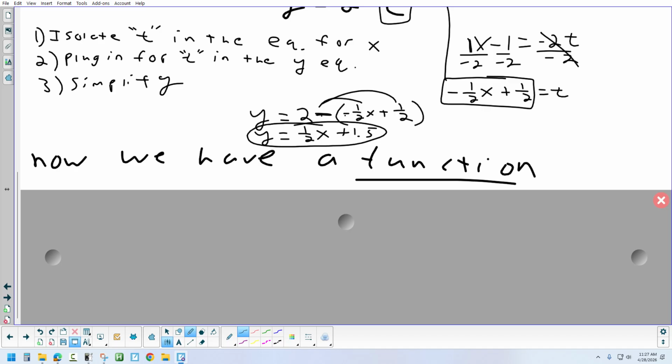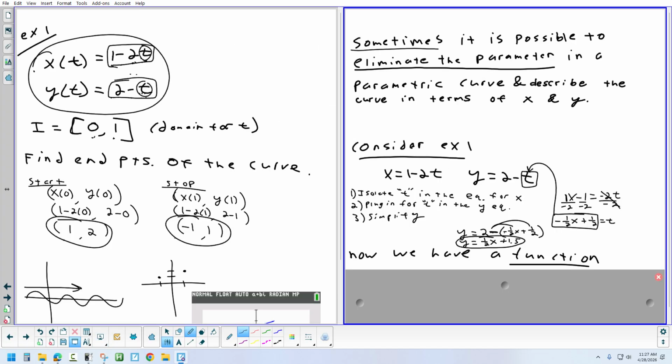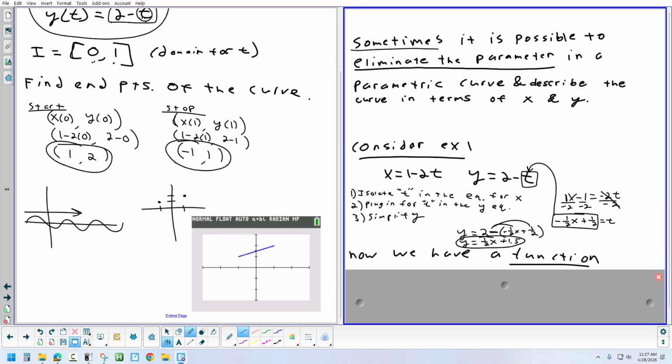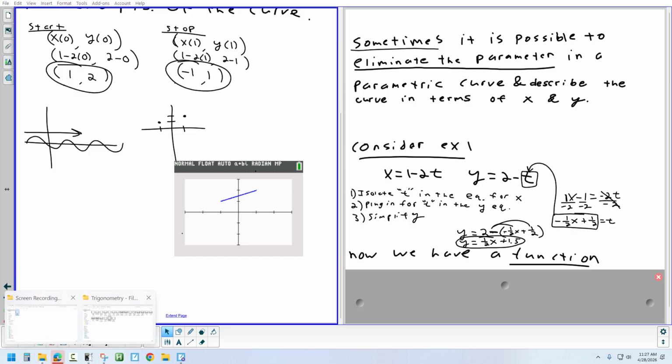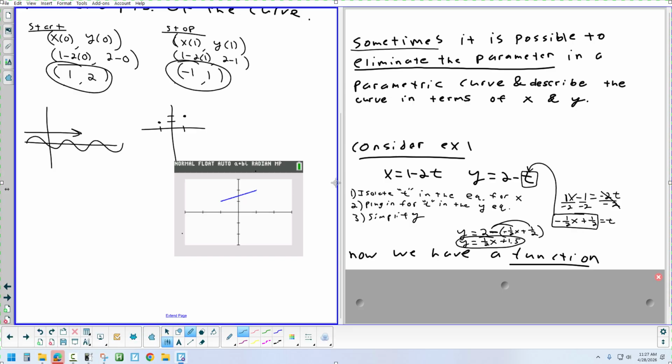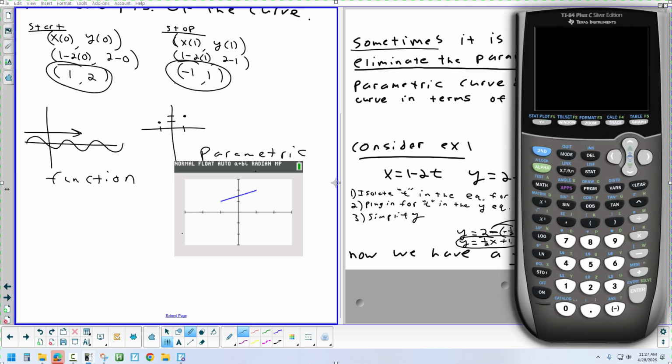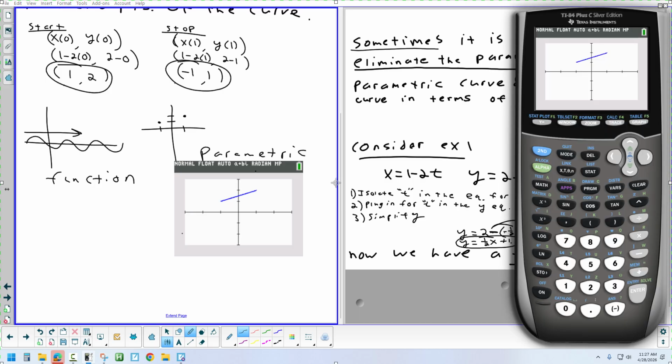So it's straight. We'll keep this here, and we're just going to label it. This was the parametric. Now let me type in the function and see if it looks the same. Okay, now to type it in as a function, I have to switch back to function.